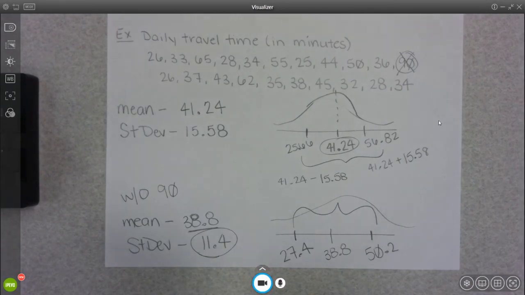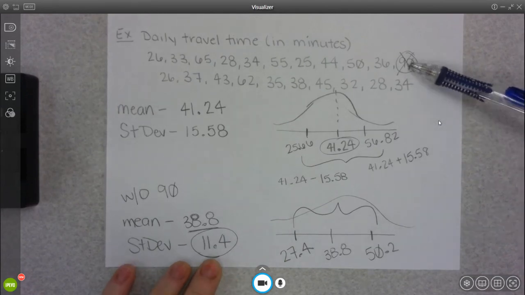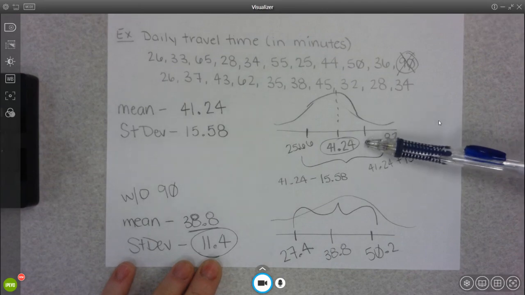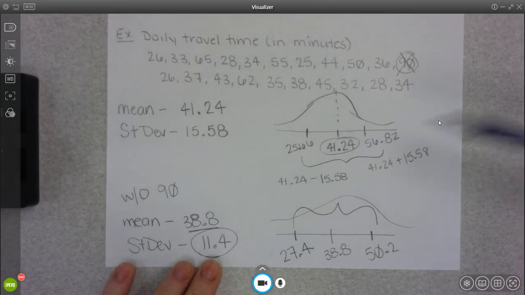So if I'm talking about how my distribution would be considered for my driving times, for example, in this case, this 90 is really skewing my data and making it look like the majority of our driving times are higher than they actually are. So some other questions that you might be asked.